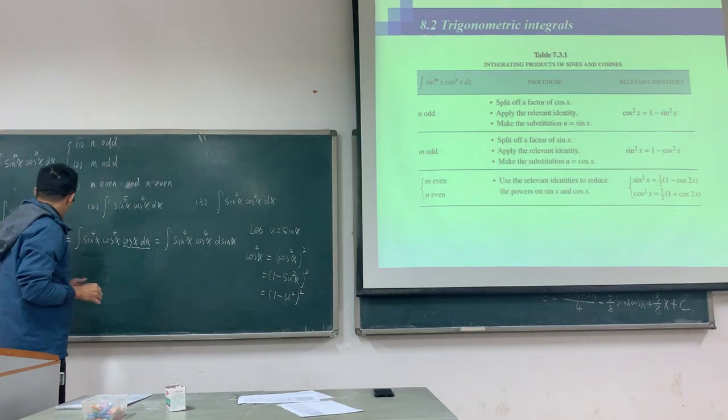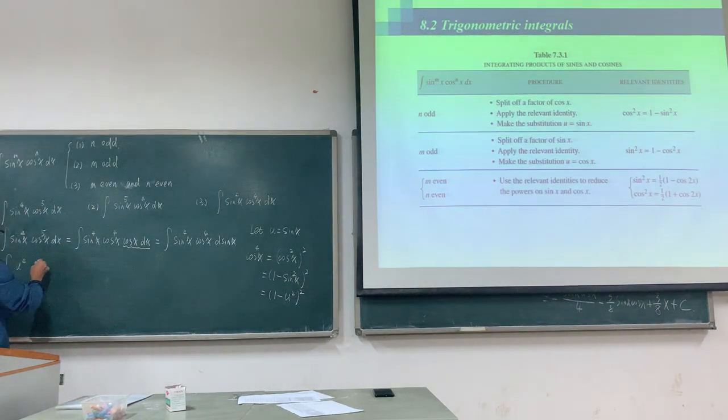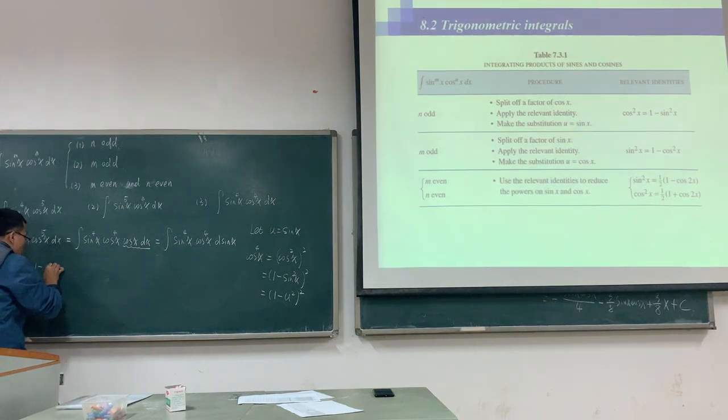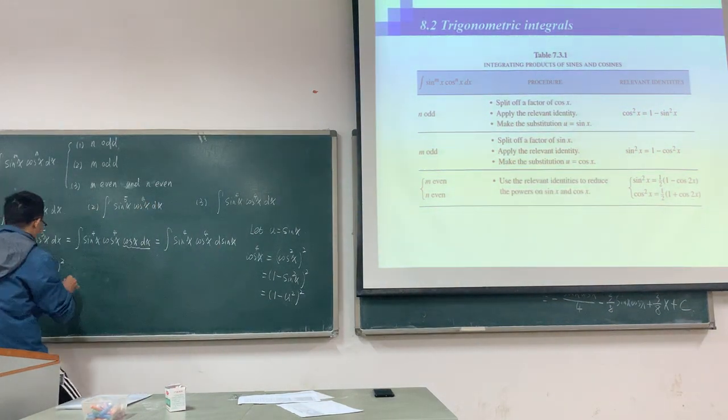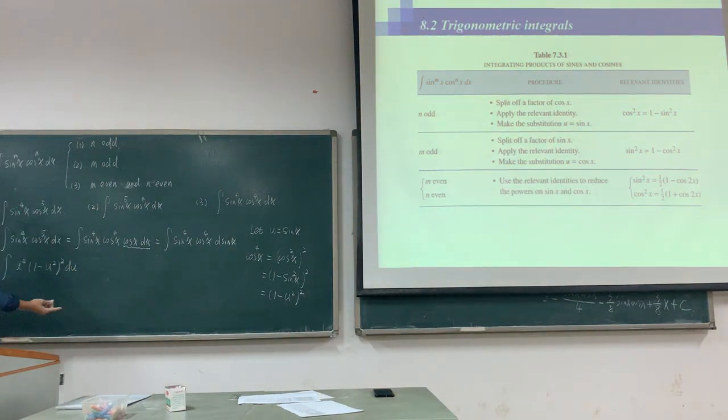So cosine to the 4th power is 1 minus u square squared, and d sin is du.